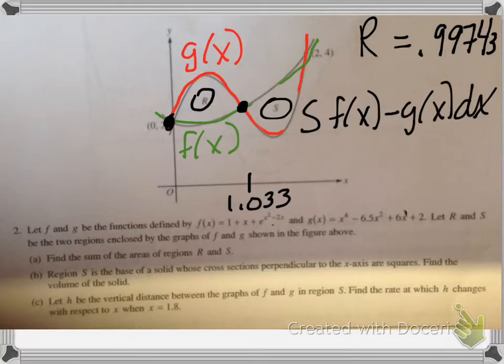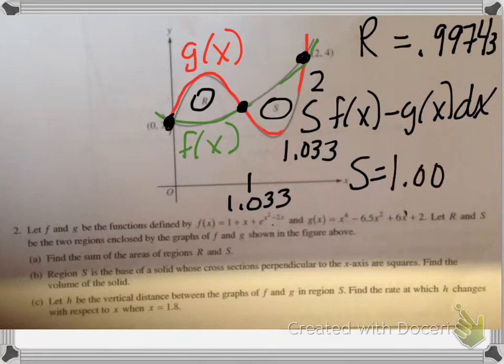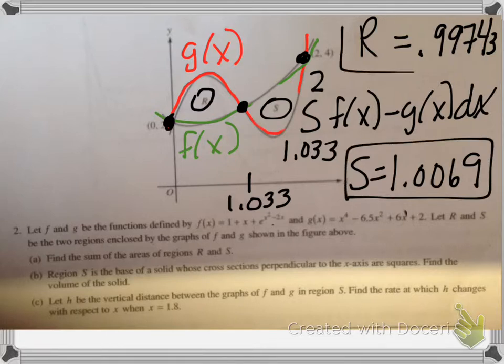The smallest x value is going to be 1.033, and the biggest x value is right here, which is 2. And this is to find the area of S. You're going to pop that in your calculator, and you're going to get 1.0069. So these are the two areas.